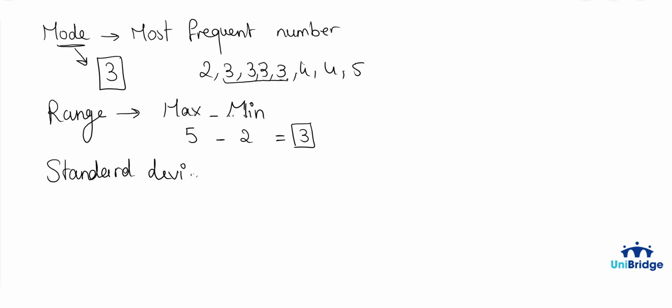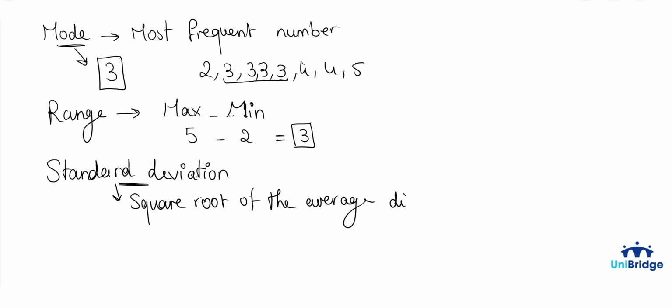So the definition for it is the square root of the average distance squared of the numbers from their mean.